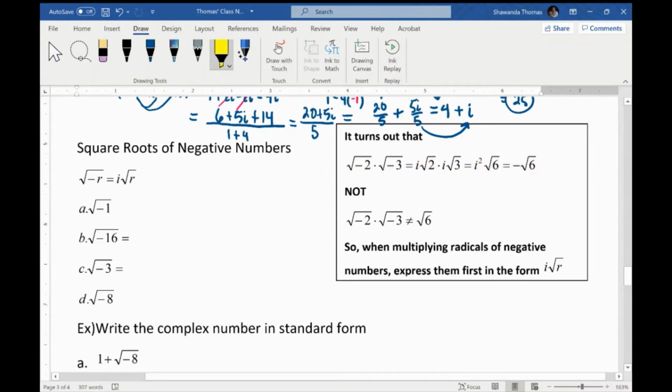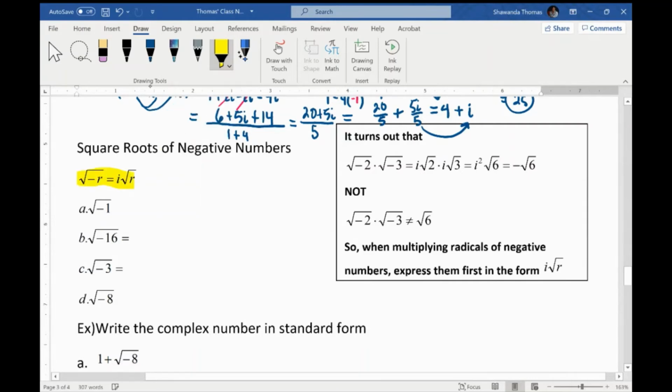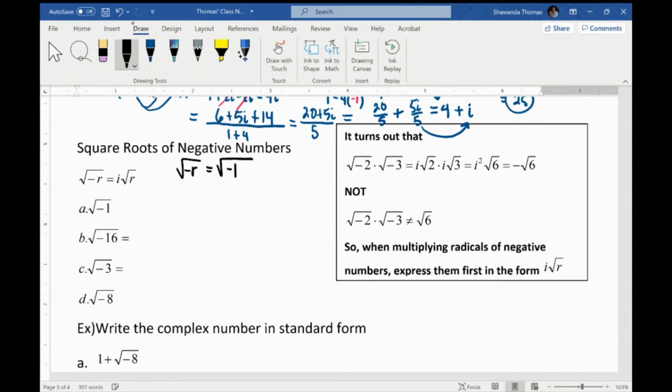They're saying that the square root of negative r equals i times the square root of r. How is that? Let me break it down for you. The square root of negative r, is that the same as the square root of negative 1 times r? Would you agree? Yes or no? Isn't negative 1 times r negative r? Yes, it is.